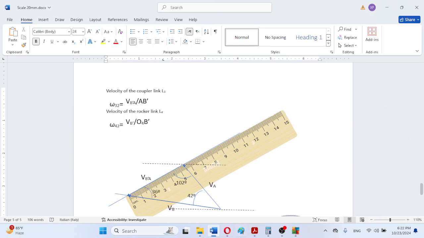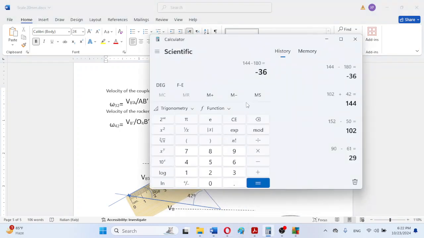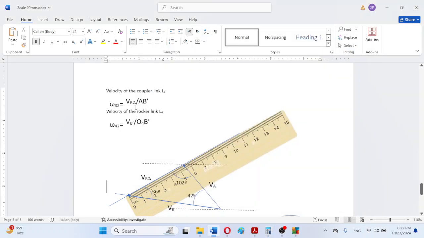Here we can calculate that the scale is 200 millimeter and we will be multiplying it with 5.4, and this will come out to be 1080. Means the velocity of VB dash A is 1080 millimeter per second.